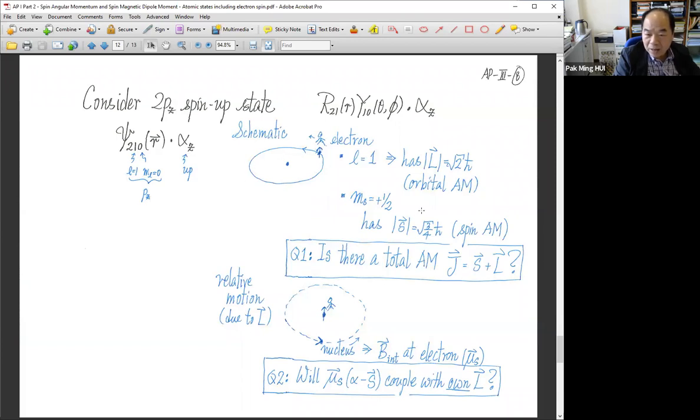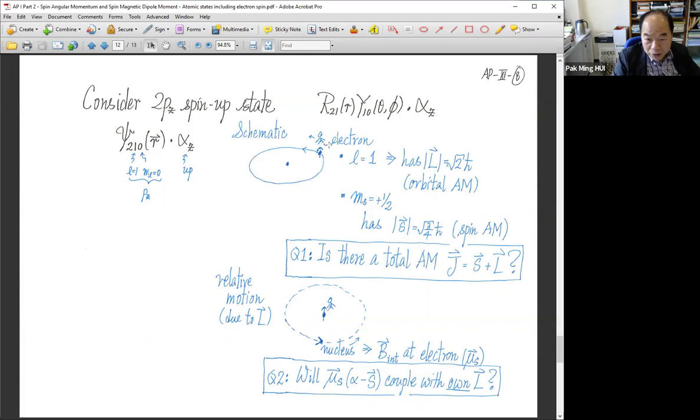Right? At the same time, we just discussed that every electron has an intrinsic spin, and thereby it has an intrinsic spin magnetic dipole moment. The spin is non-zero, it's a constant. Okay, and I represent it by an arrow up here for the electron in this state, just to make it more pictorial.